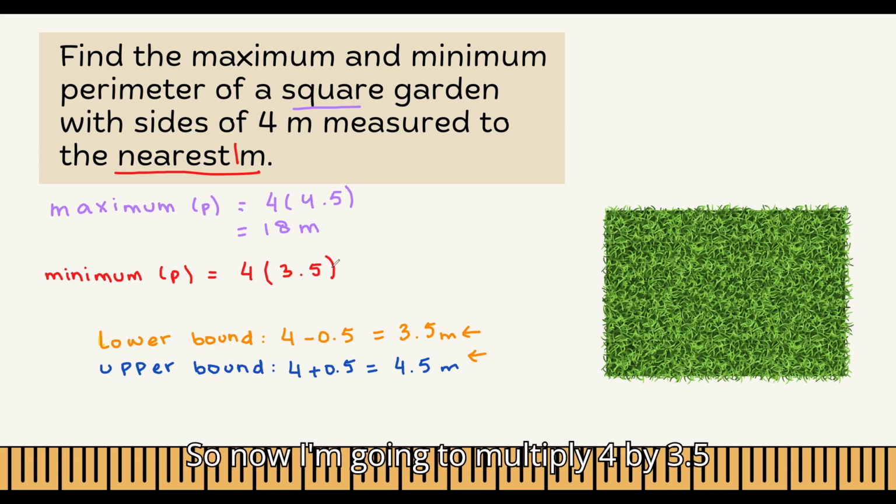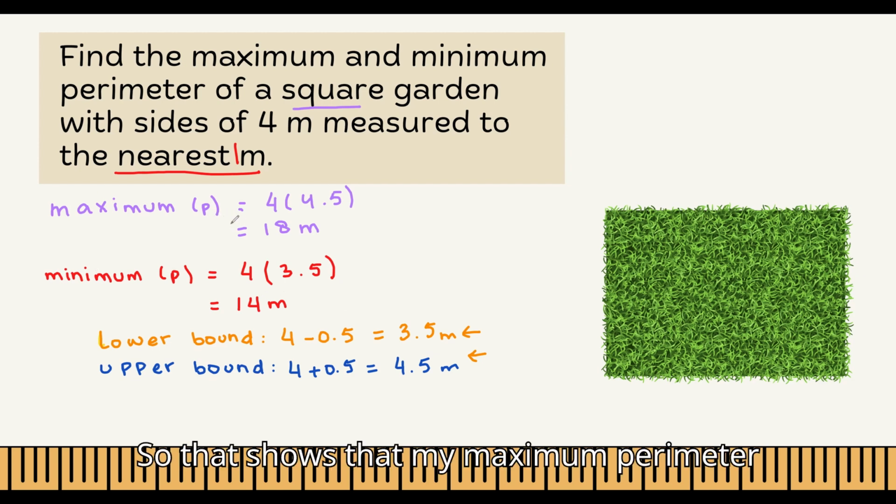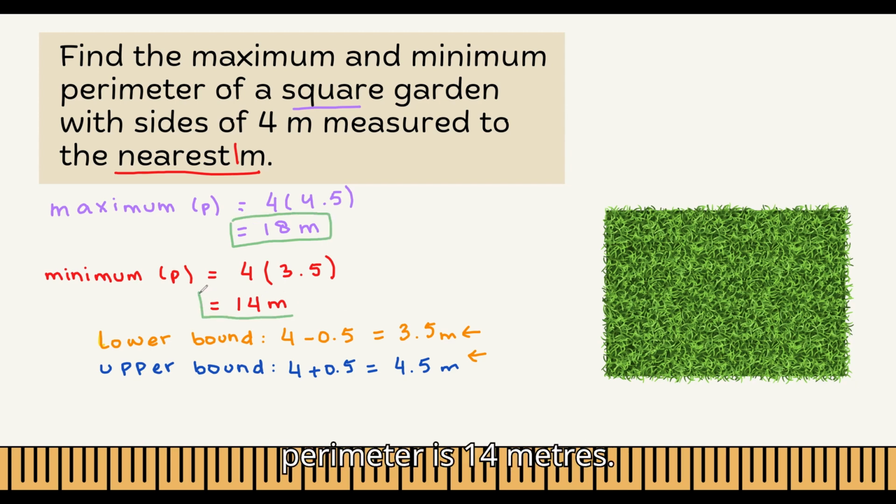So now I'm going to multiply 4 by 3.5, which is equal to 14. So 14 meters. So that shows that my maximum perimeter is 18 meters and my minimum perimeter is 14 meters.